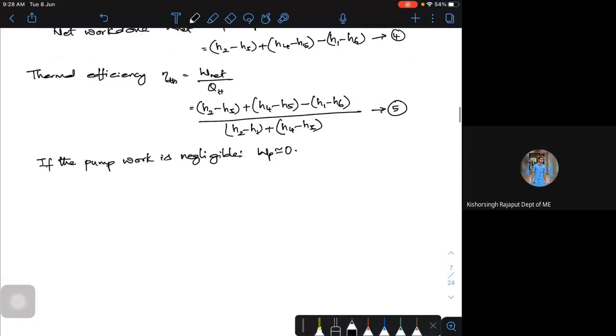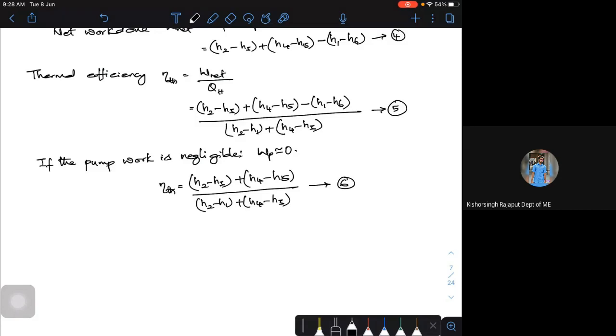So for this case, the thermal efficiency is given by W net, which will be H2 minus H3 plus H4 minus H5, whole thing divided by H2 minus H1 plus H4 minus H3. So this is equation number 6.